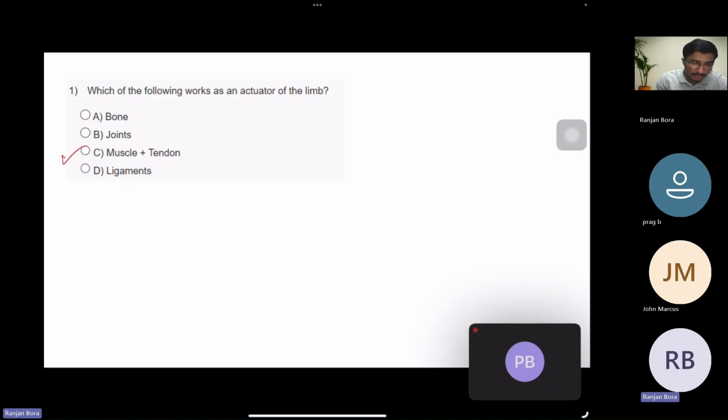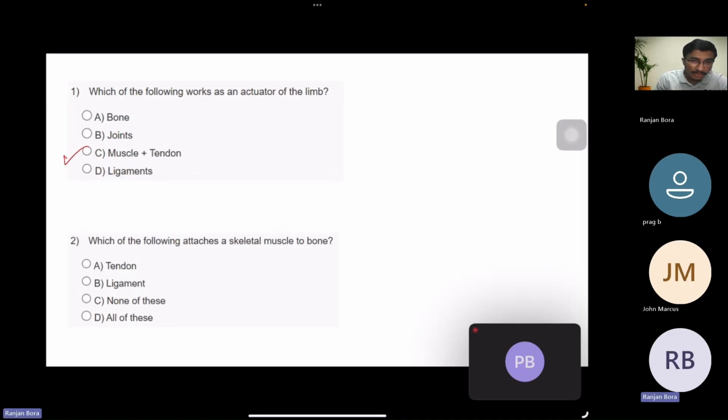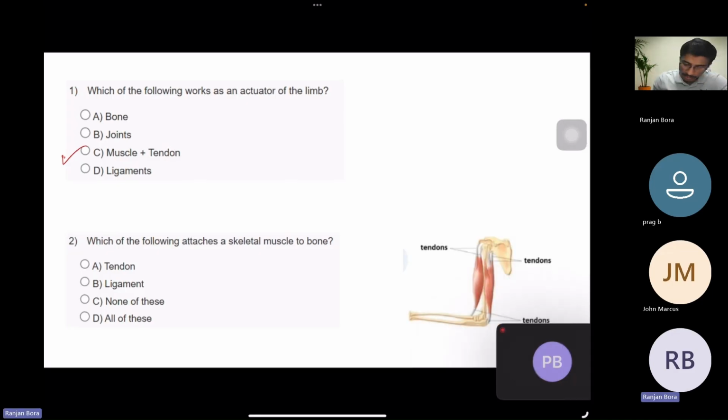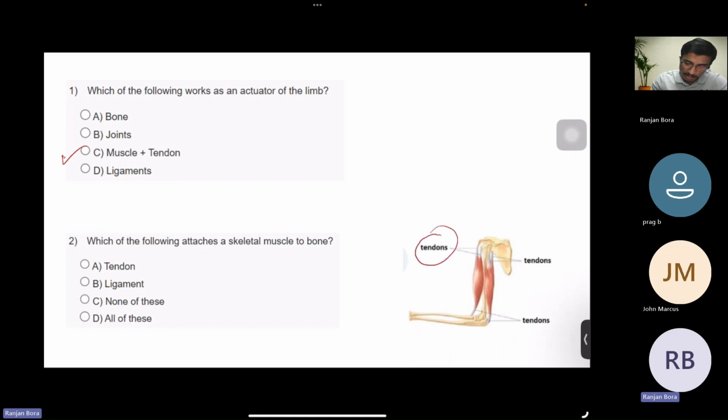And the second question was, which of the following attaches a skeletal muscle to bone? Four options are given. Yes, A is correct, tendon. You can see this figure. Here it is tendon, it attaches the muscles with the bone. So option A is correct.